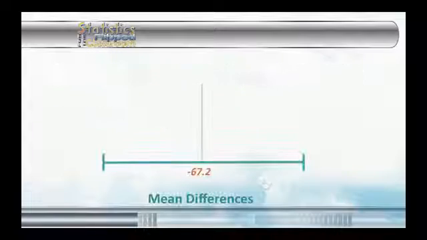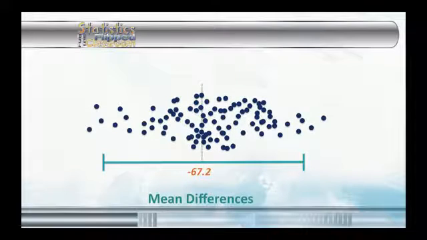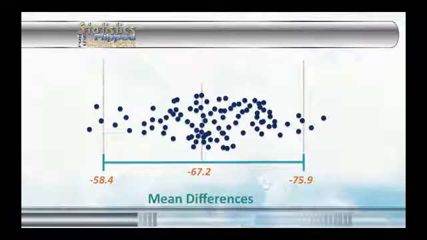Now, on the other hand, if I repeated this study 100 times, 95% of the time, the mean difference would be between negative 75.9 and negative 58.4. So the mean is precise, but wrong. The confidence interval is much more certain, but also less precise. However, with good measurements and low variability, we can get both the mean and the confidence intervals as accurate as possible.